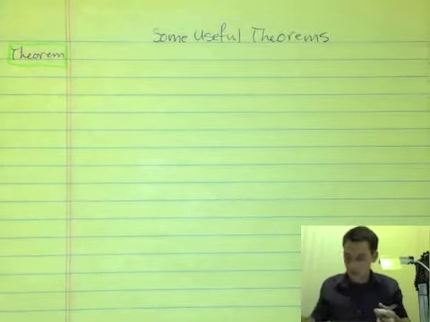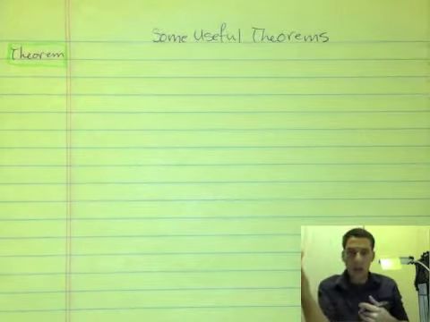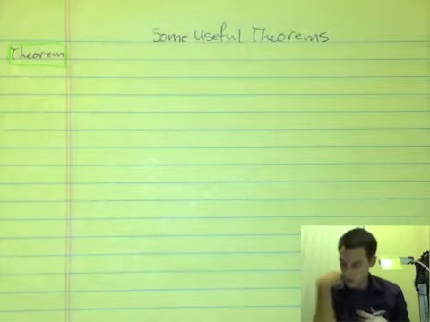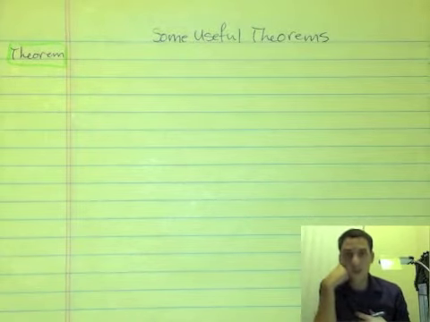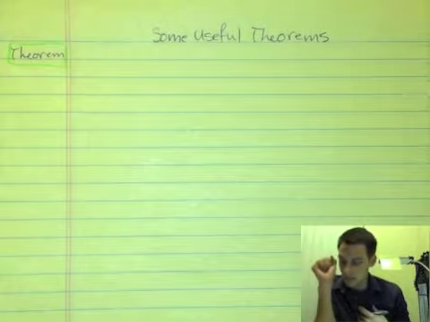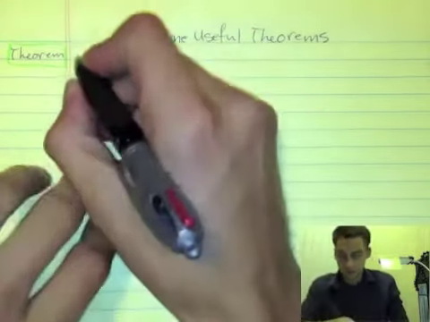And this theorem states every polynomial with complex coefficients with positive degree n has exactly n roots. So let me write that down.